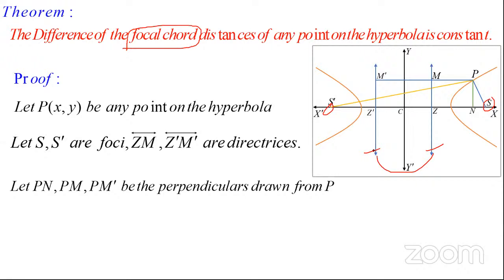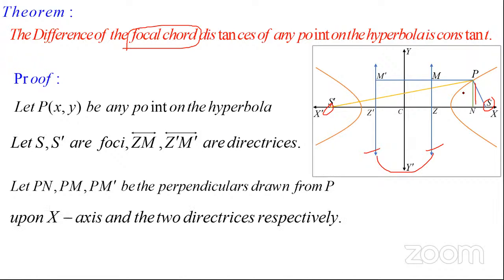Let PM and PM dash be the perpendiculars from P to the two directrices respectively, and PN the perpendicular to the X axis.